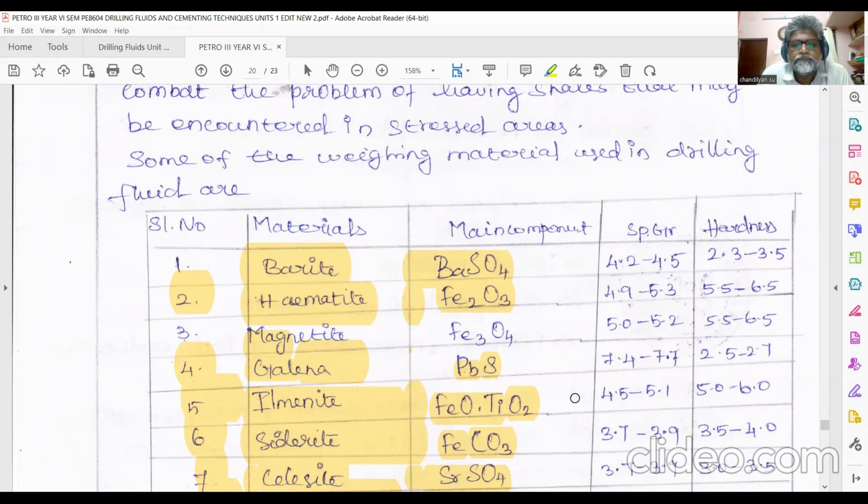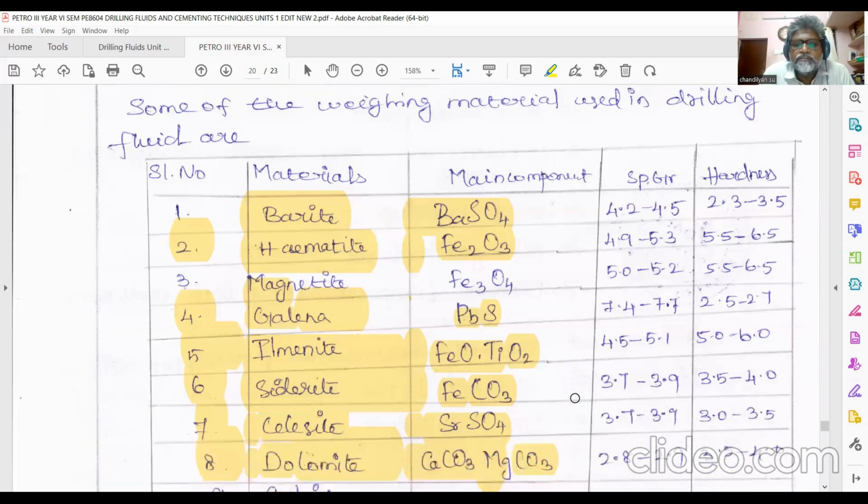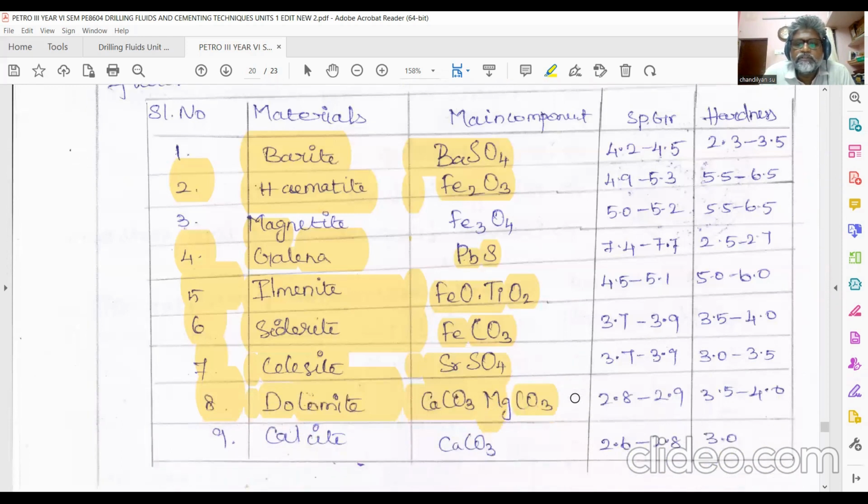Hematite, Fe2O3, respective values. Magnetite, Fe3O4, galena, lead sulfide, limonite, TiO2, and siderite, FeCO3, celestite, strontium sulfate, SrSO4. Sr stands for strontium, atomic number 38.